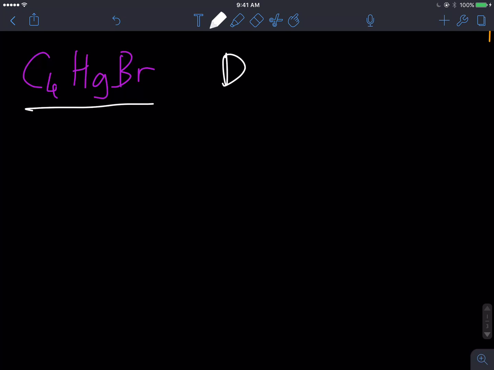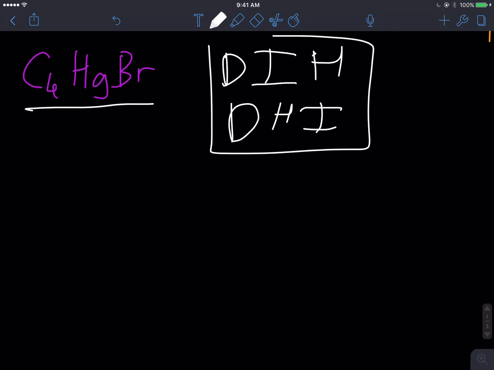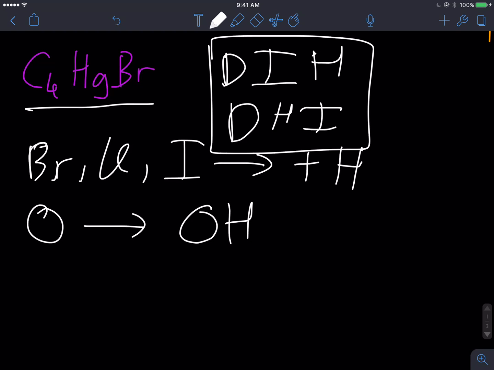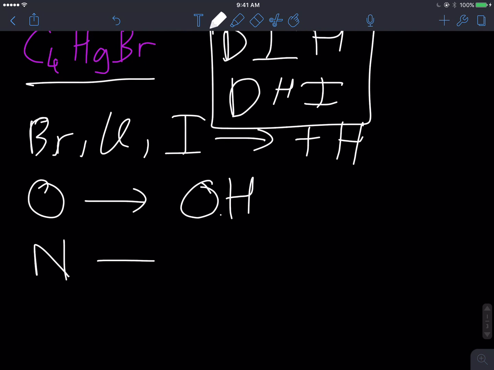Remember the deficiency of hydrogen, the DIH or DHI, I forgot. But if you remember this, it is awesome. A halide, like bromine or chlorine, you add one hydrogen, like you plus one more hydrogen. For oxygen, it's like zero hydrogen, you ignore it. And for nitrogen, you subtract one hydrogen, right?